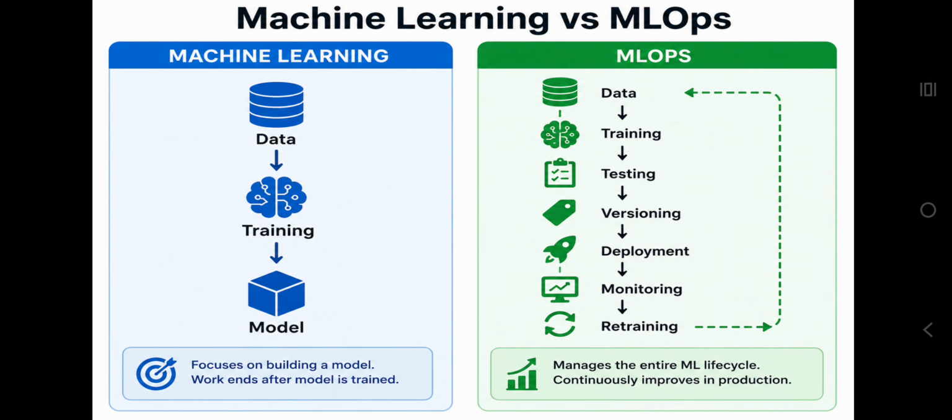Apart from that, there are some supplementary steps which keep the model updated and keep the performance steady. Here, the first step is collecting the data, then training, then testing, which is nothing but a split in the ratio of 80 to 20 or 70 to 30.